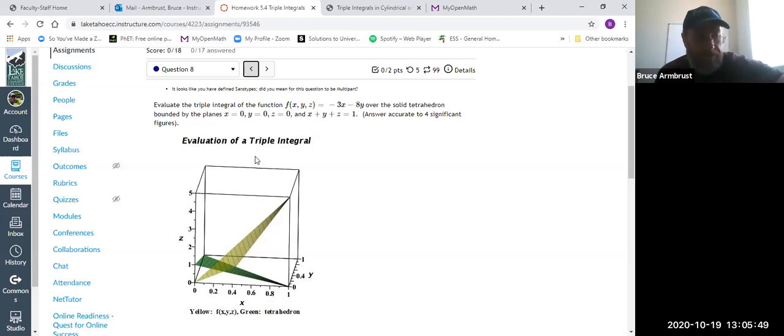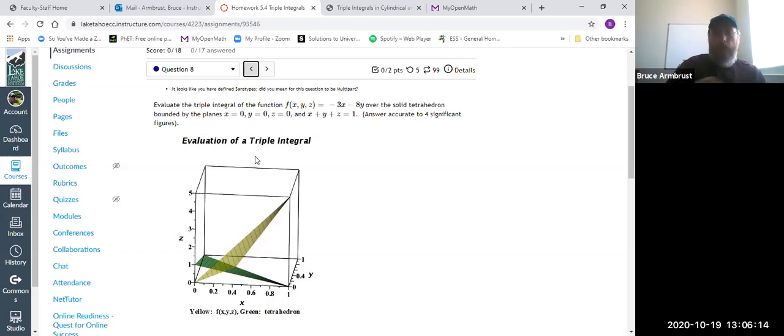So number 8, we want to integrate the function minus 3x minus 8y. And we're bounded by the 3 coordinate planes and then the plane x plus y plus z equals 1. And so again, it's just evaluate that triple integral.